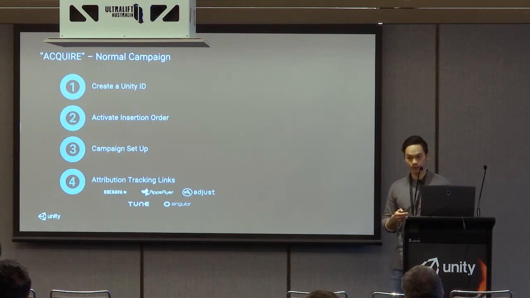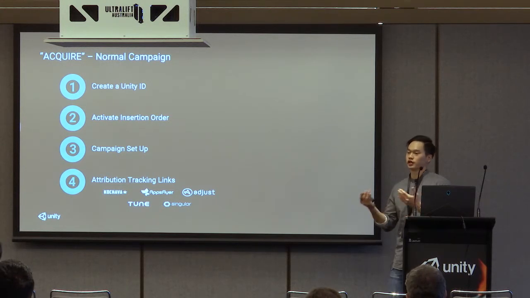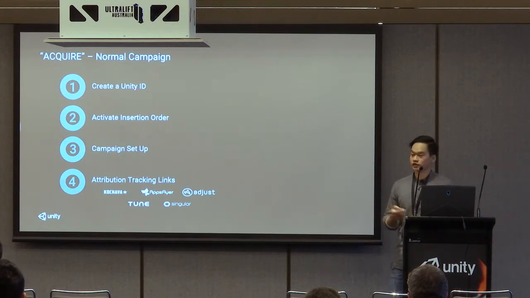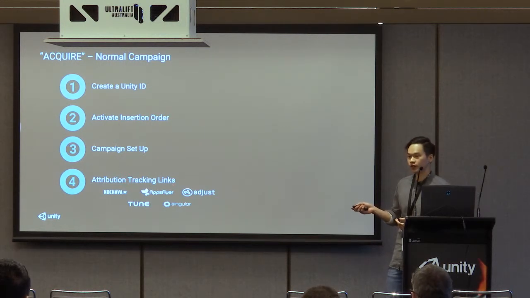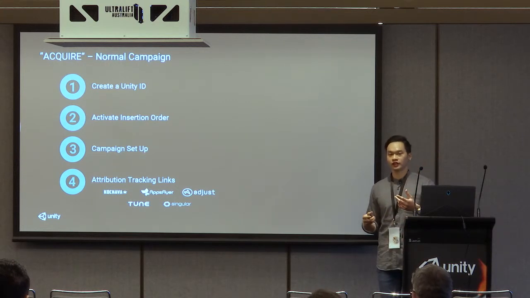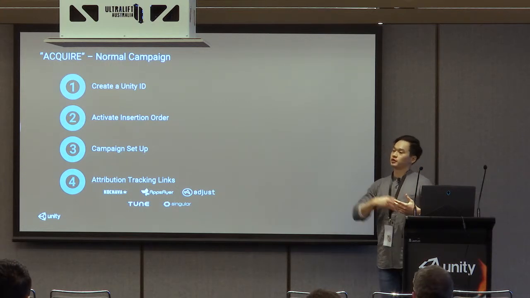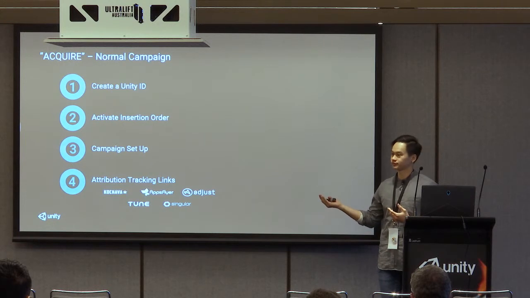You can either prepay, or you can sign an agreement with us, and then we work on a post-invoicing credit. You would set up the campaign, and you need to have an attribution tracking link that tells us that an install has been made.